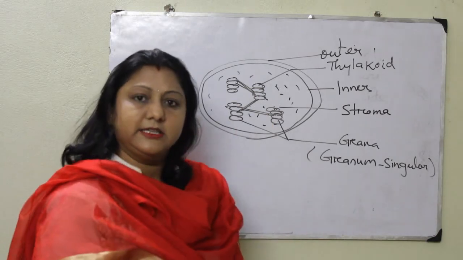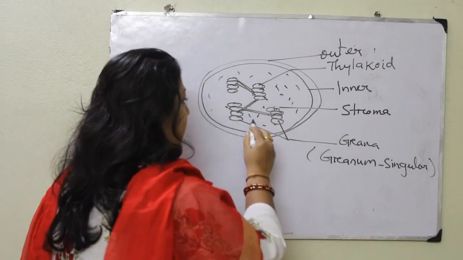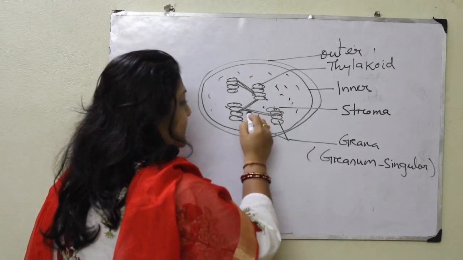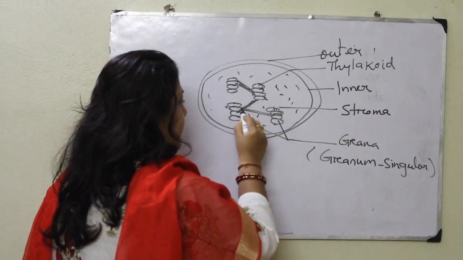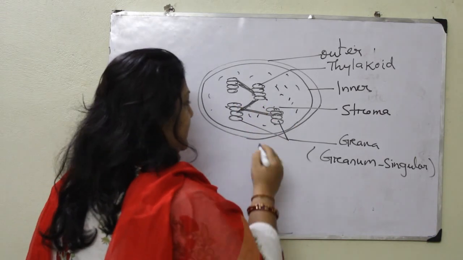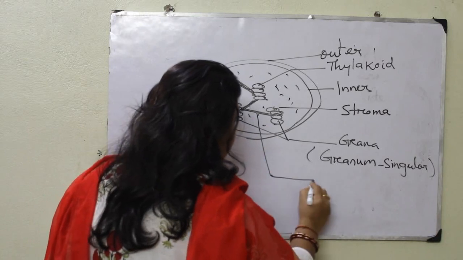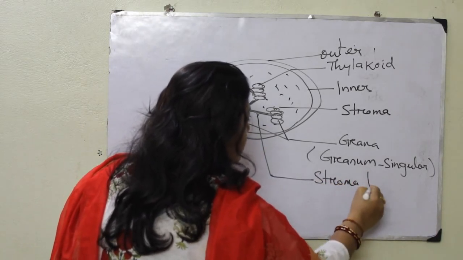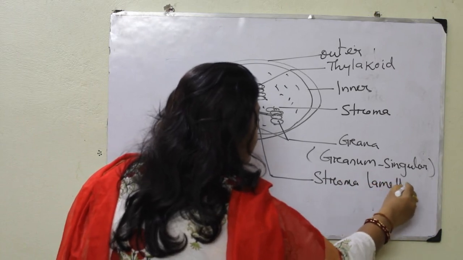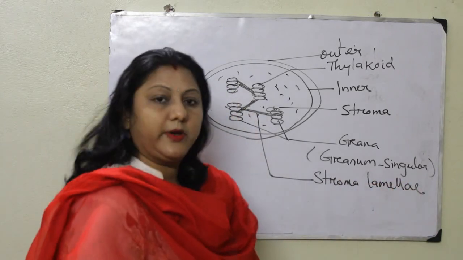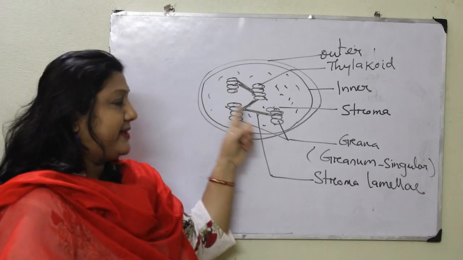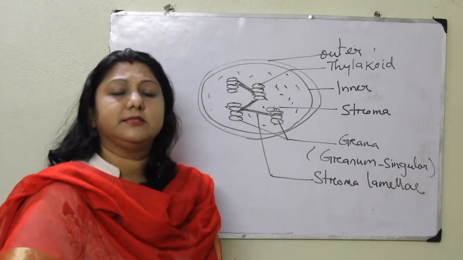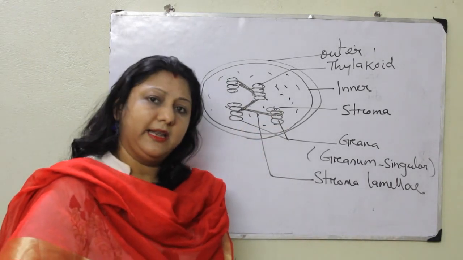And I have drawn some lines here. What are these lines? These lines are called stroma lamellae. The lines in between the stacks, joining the stacks, are called stroma lamellae.